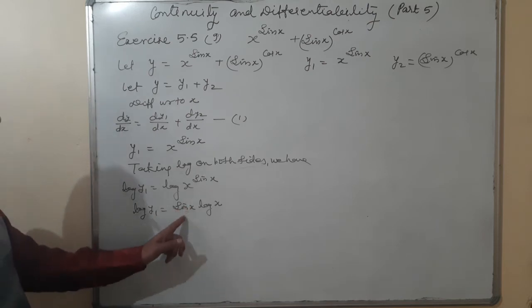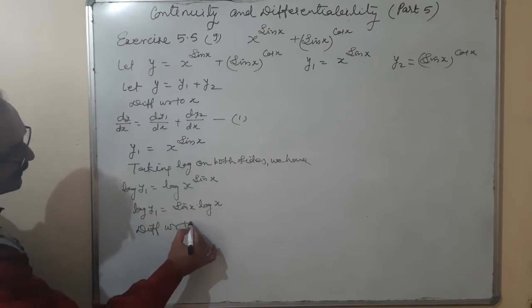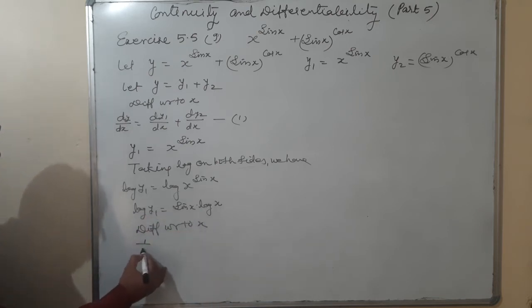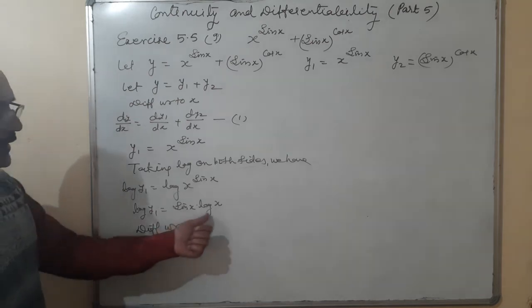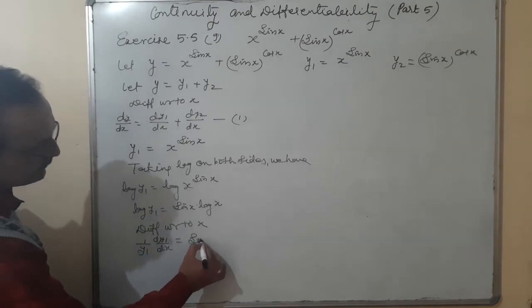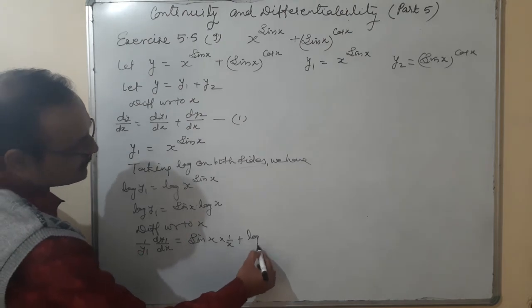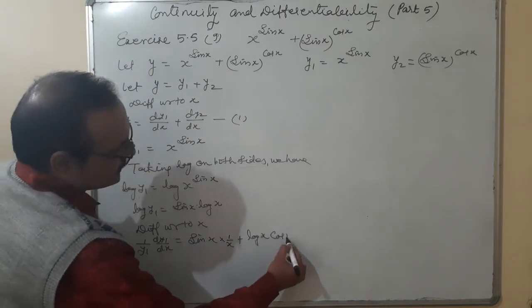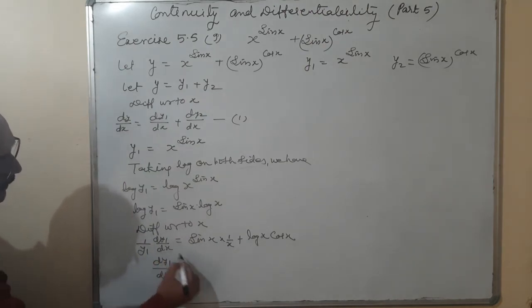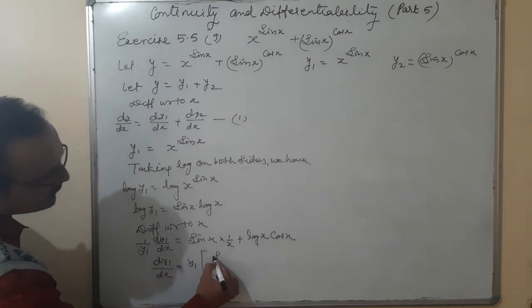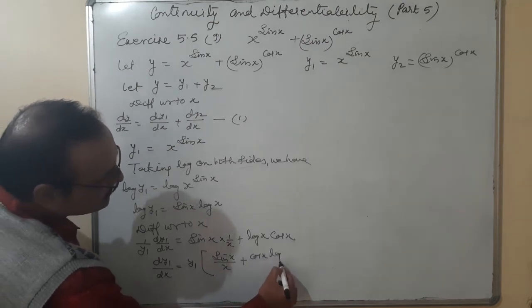There are two functions, sine x and second is log x. Differentiate with respect to x. 1 upon y1 dy1 by dx is equal to, using the product rule, first function sine x, differentiation of log x, 1 upon x, plus second function log x, and differentiation of sine x is cos x. So dy1 by dx is equal to y1 into sine x upon x plus cos x log x.